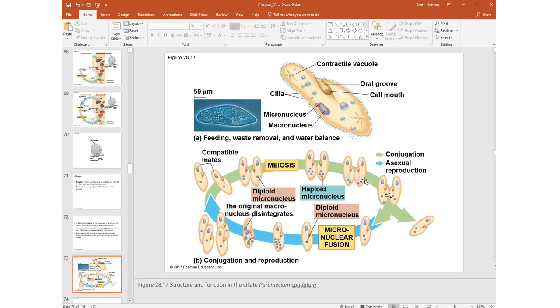And here's a life cycle where it goes through meiosis to exchange genetic material with another individual, and then it goes through fusion to actually produce new individuals. It's a really interesting life cycle. And this is Paramecium caudatum, one of the most common paramecia.